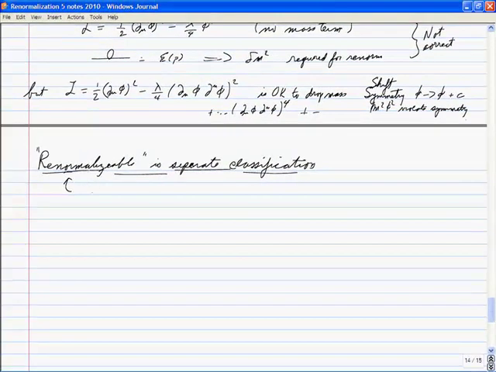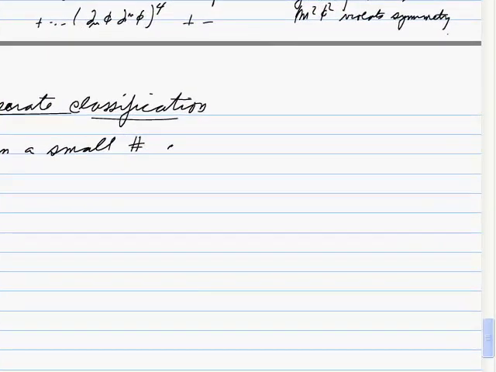A renormalizable theory is one where infinities, if you're focused on infinities, can be absorbed in a small number of couplings. Or you might say sensitivity to high energy physics is there.